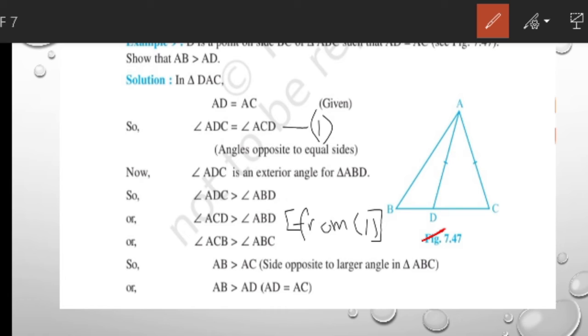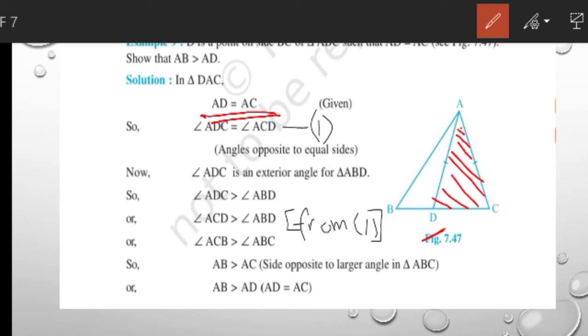It is marked in the diagram. We have to show the side AB is greater than the side AD. So first we will consider the shaded triangle, that is triangle ADC or DAC. Here it is given that AD is equal to AC.